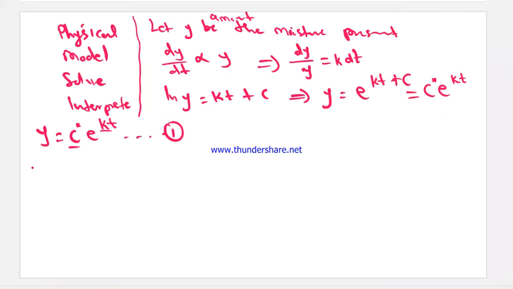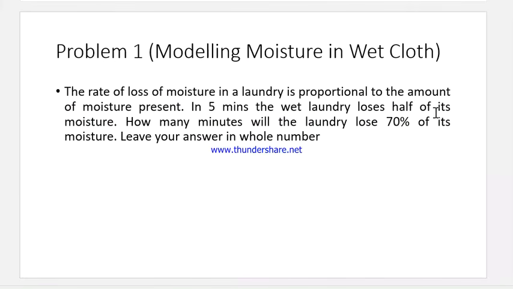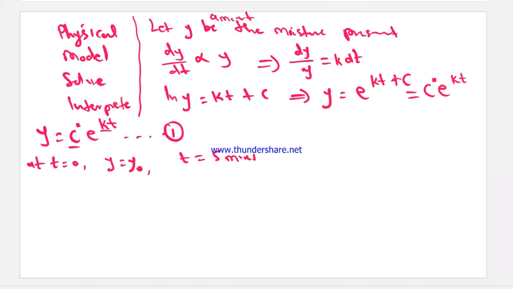What are the conditions we need? At t is equal to 0, our Y then is equal to Y naught. Secondly, we are given that at t is equal to 5 minutes, the wet laundry loses half of its moisture.